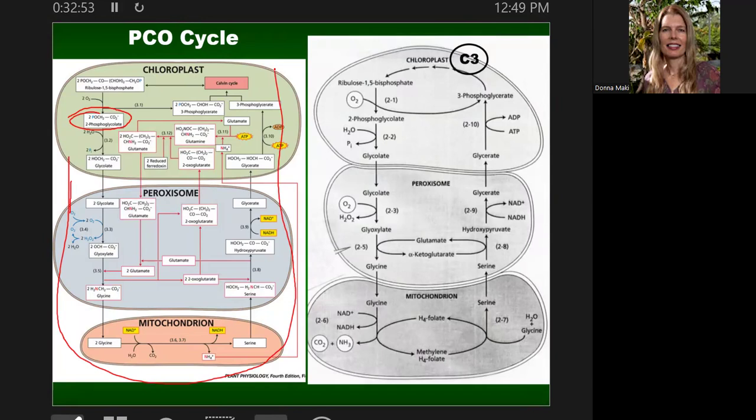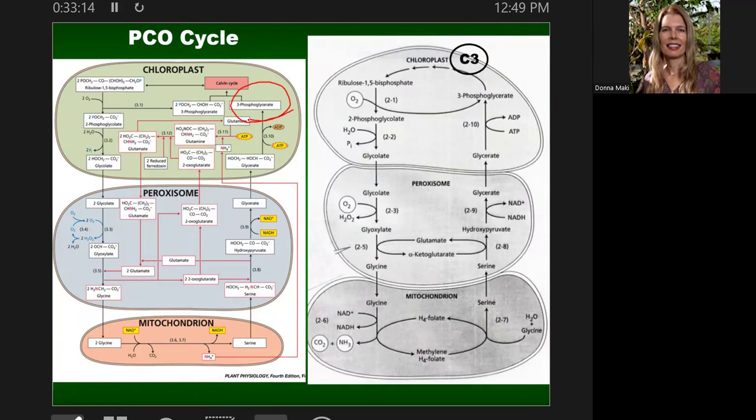It has to go through, with the use of 3 organelles, all of these different reactions until finally it builds enough carbons and rearranges things well enough that you get another phosphoglycerate forming. But in the process, you lose some carbon.